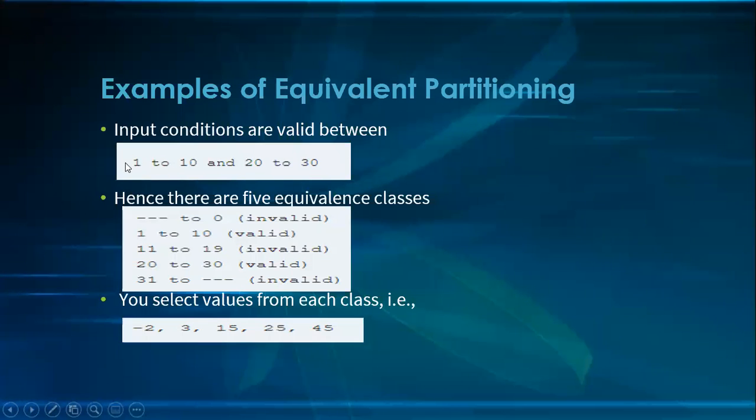Listen, 1 to 10 and 20 to 30. So 1 to 10 is the valid part. That's my requirement. My input condition says it must be from 1 to 10 and 20 to 30. So 1 to 10, we have 1, 2, 3, 4, 5, 6, 7, 8, 9, 10. Stop there. And 20 to 30, 20, 21, 22, 23 to 30.